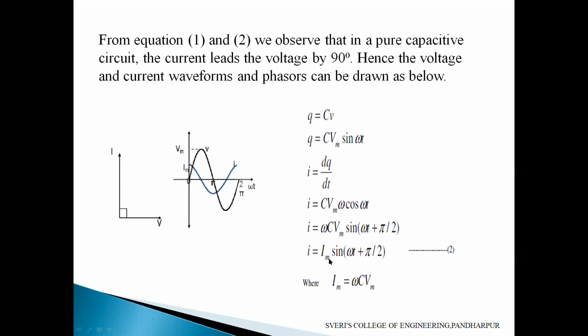So I equal to Im sin of omega t plus pi by 2 is the current equation. This is equation number 2. Is it clear? Next.